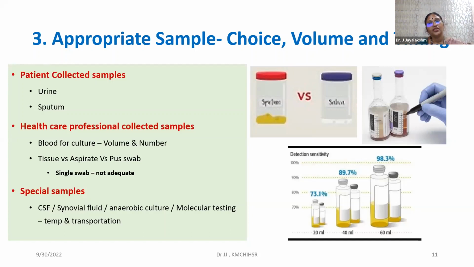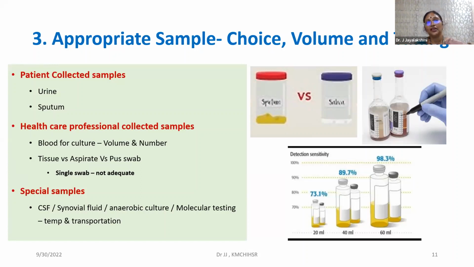Sometimes with special samples, the healthcare worker who's a doctor collects a sample in specific areas, and they have to bring out the sample and send it as early as possible to the laboratory for processing. Sometimes it could be anaerobic samples. Not all labs are readily equipped with processing of anaerobic cultures.